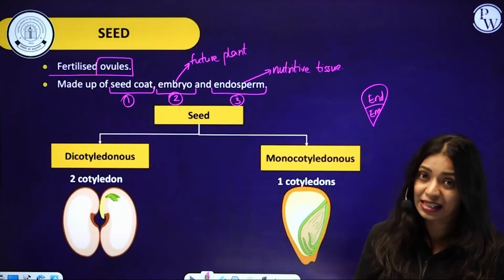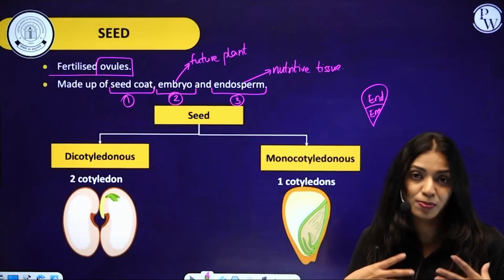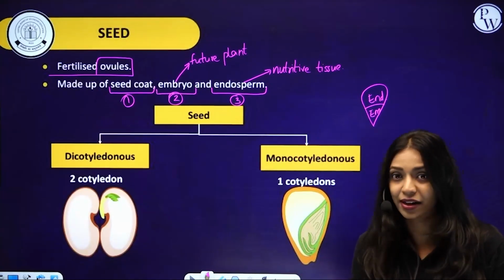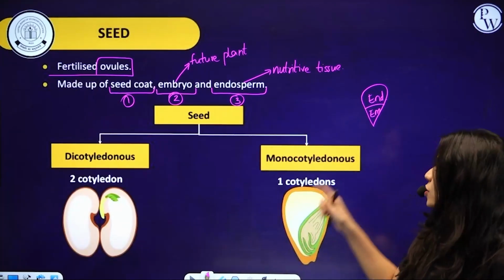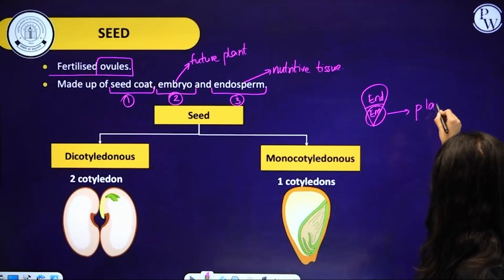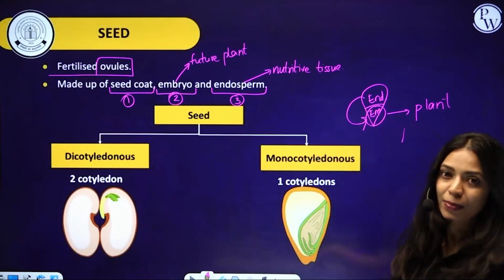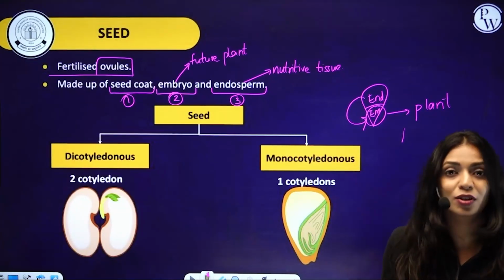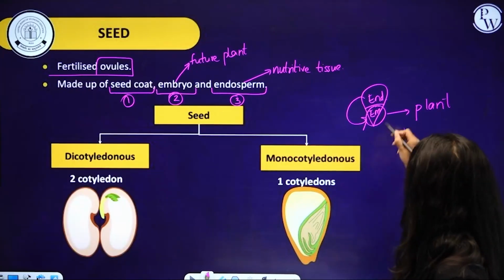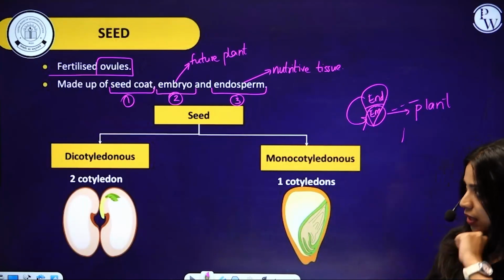Before the first leaf is produced, the seed will need some energy, because plants get energy from photosynthesis. A seed doesn't already have leaves that can photosynthesize. So for the development of this embryo into the future plant, energy is required, and this endosperm nourishes the developing embryo. As the embryo grows, it will obtain nourishment from the endosperm. So as the embryo grows, the endosperm content will go on reducing.